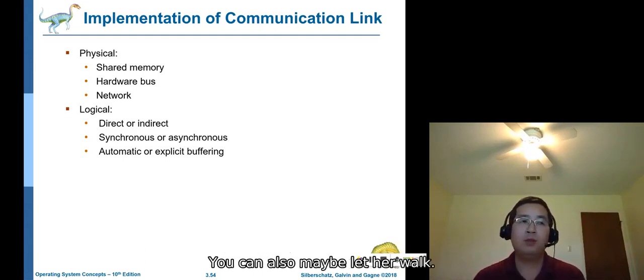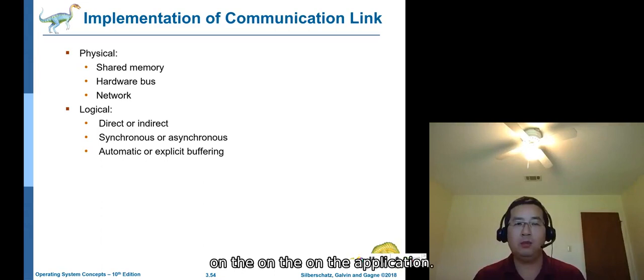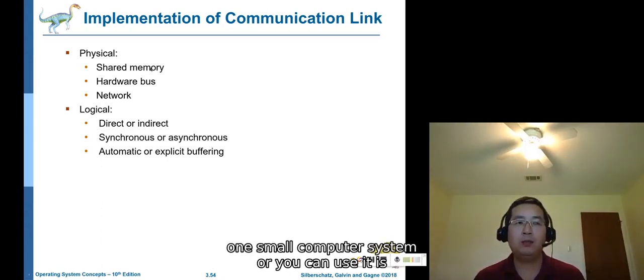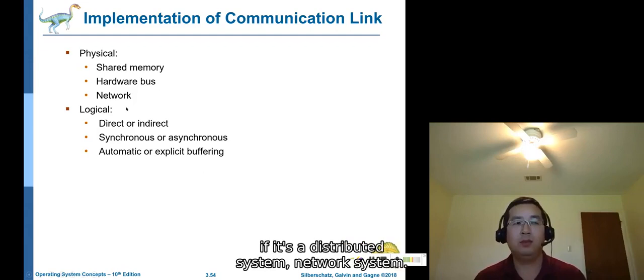You can also use a network. If it's a distributed computer system, maybe you have this. So it really depends on the application, whether it's within one small computer system or you can use these two. You can also use a network if it's a distributed system, network system.